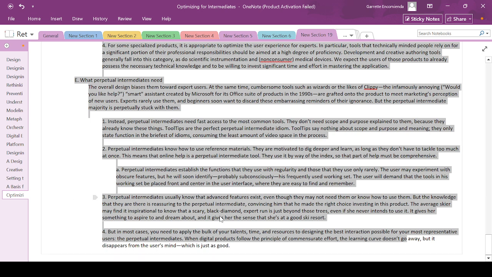Perpetual intermediates usually know that advanced features exist even though they may not need them or know how to use them. But the knowledge that they are there is reassuring to the perpetual intermediate, convincing him that he made the right choice investing in this product.